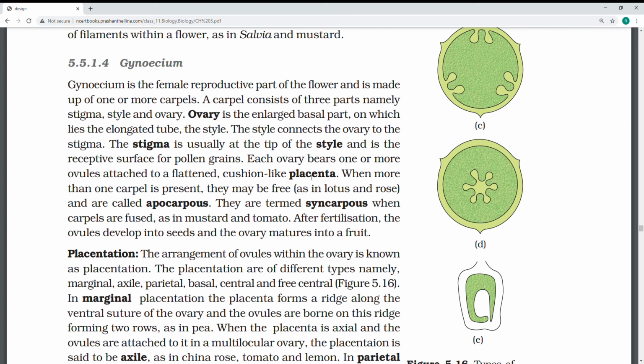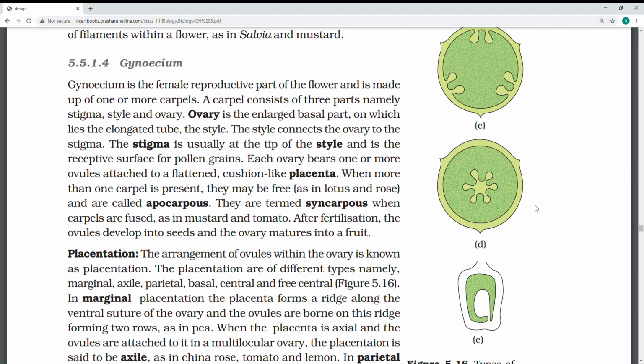Based on that, we are going to discuss placentation, the arrangement of ovules. If you cross-section a flower, such as hibiscus, you can see it under a microscope or normally. There are several types: marginal, axile and parietal.